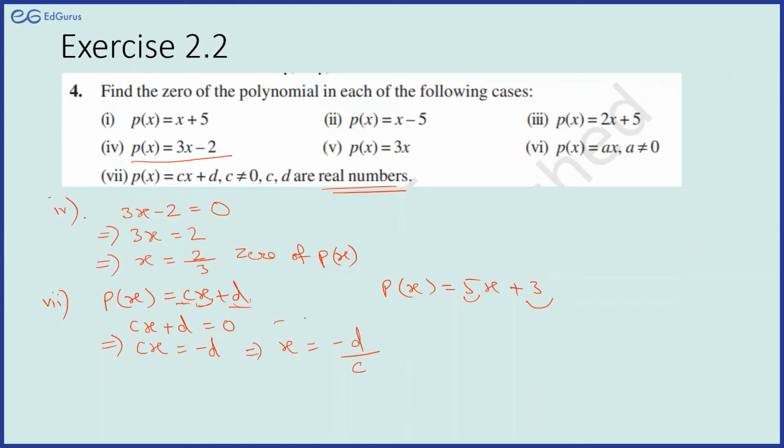So when x will be -d/c, this polynomial's value will be 0. So 0 of this polynomial is -d/c. Okay, clear हुआ? Yes, ma'am.